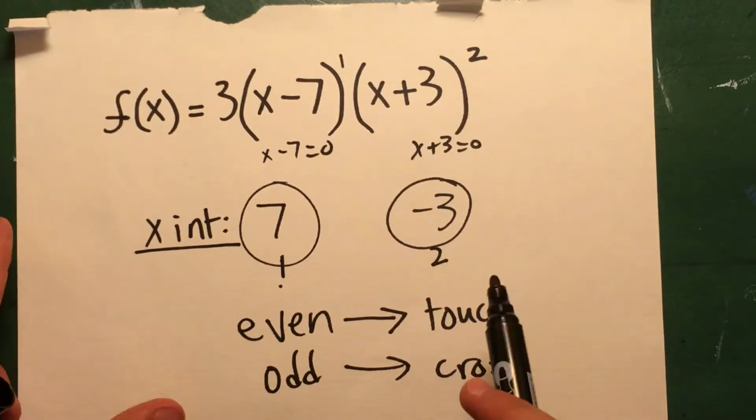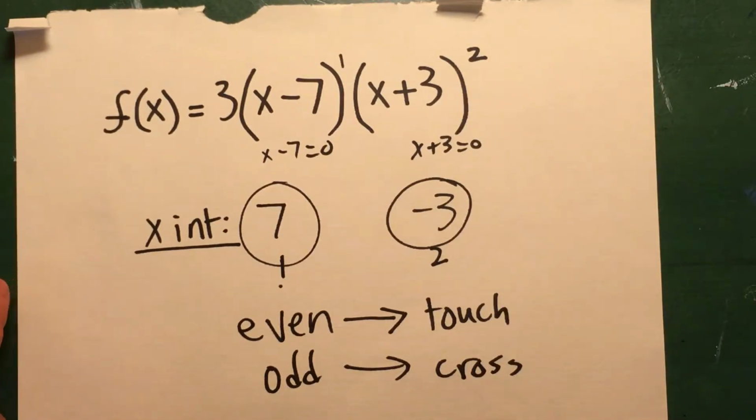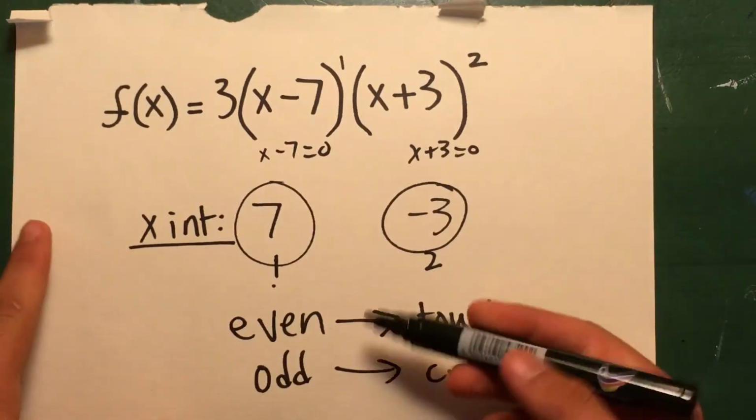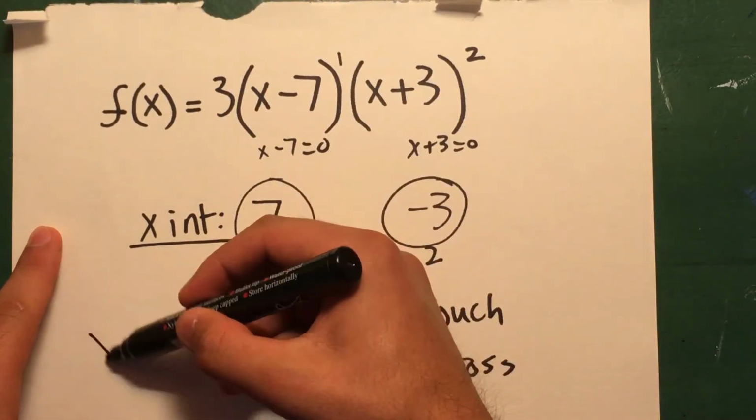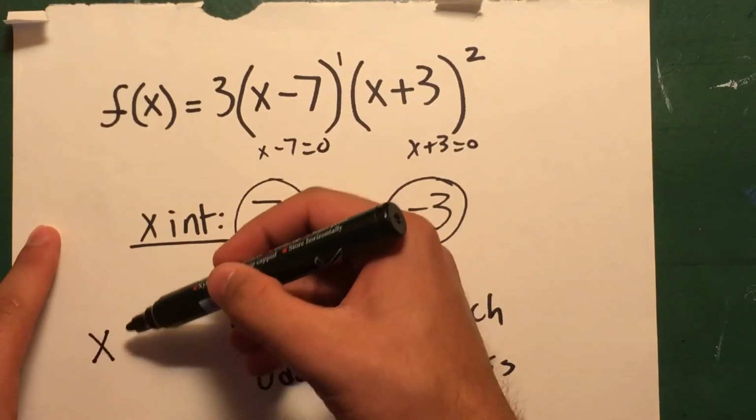And now I'm going to show you how to find the maximum number of turning points. For this, you multiply everything out and find the greatest exponent x is going to have.